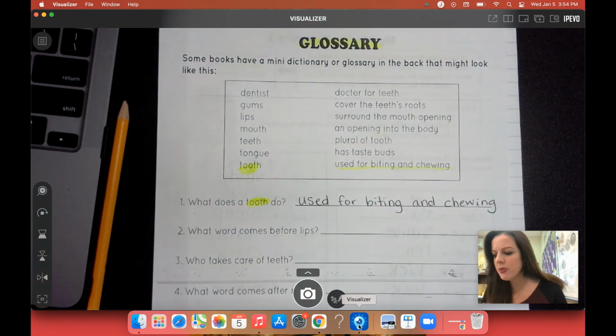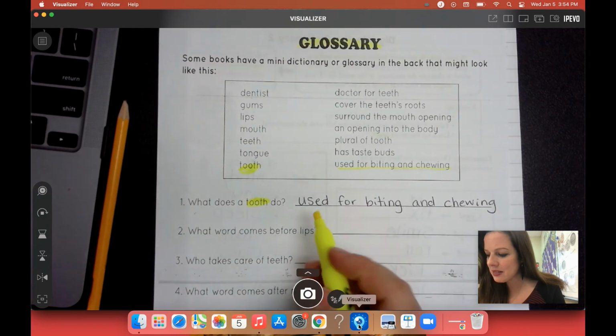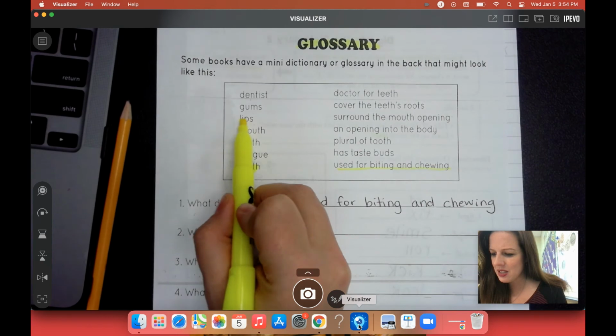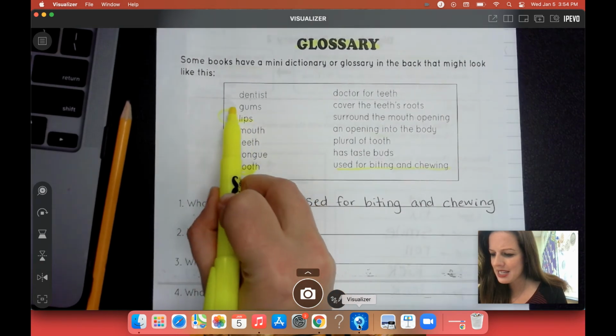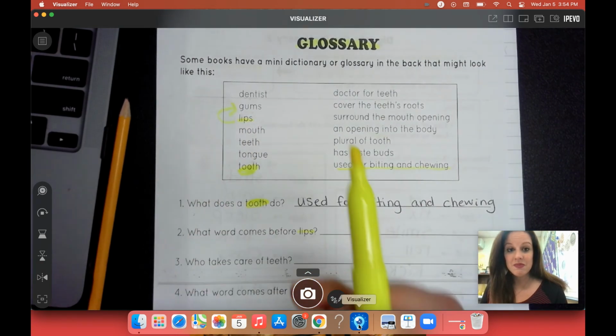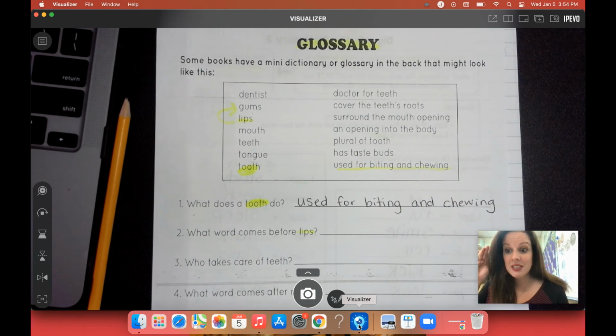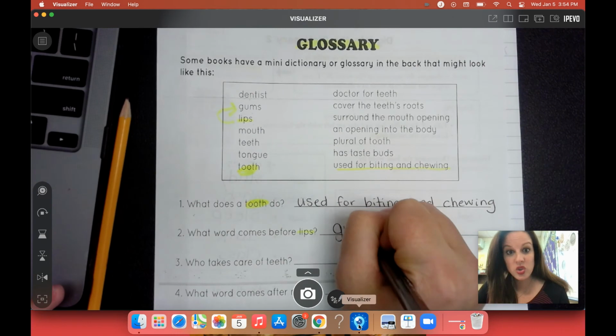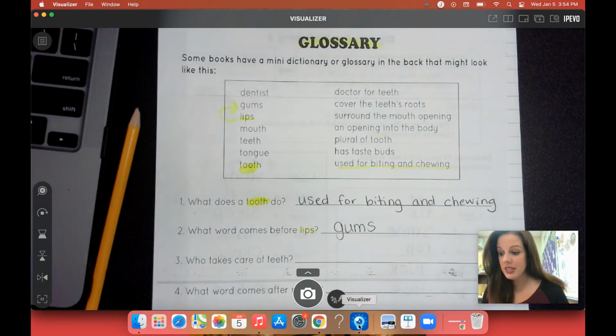What word comes before lips? Let me consult my glossary. Lips. The word before lips is, what is it? Gums. Well, I just looked right before. It's important to be able to read the glossary.